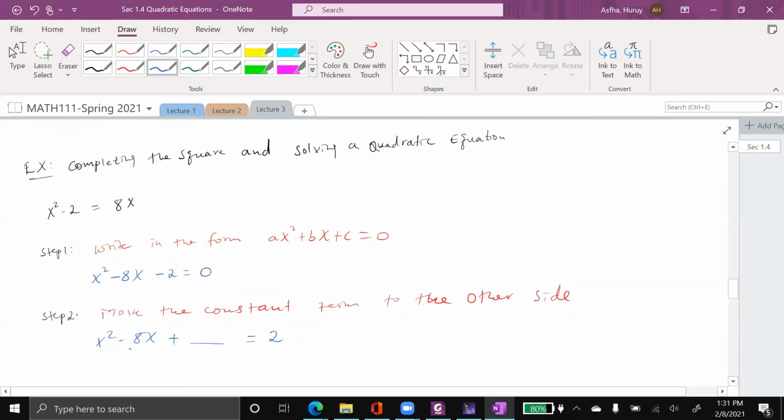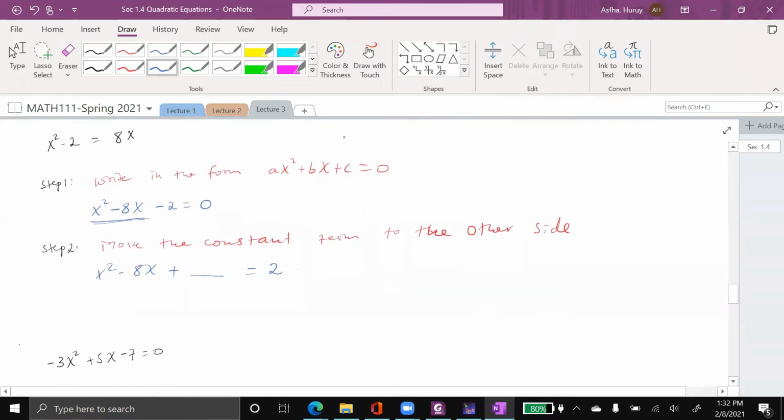I need some number here so that this term becomes a perfect square, because in this case, this is not a perfect square. We know that, right? This is not a perfect square, even though it's a trinomial. So I move this to the right side so that I can complete this one to make it a perfect square. Now how do we find this number?